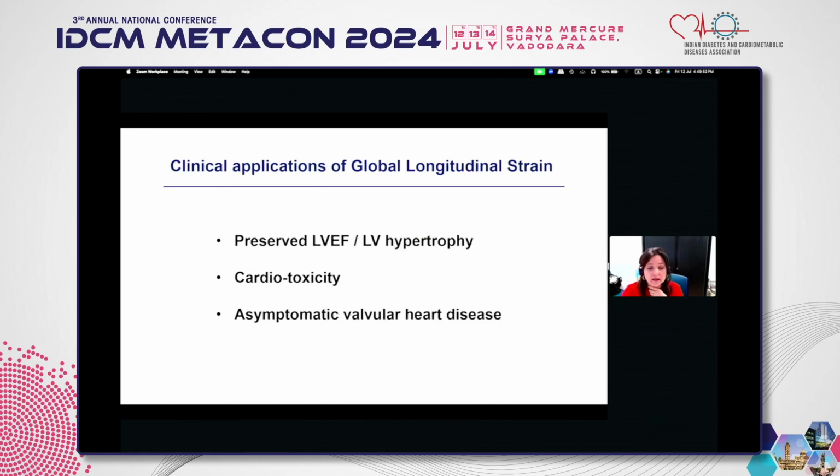And finally, another possible application could be in valvular heart disease. You have listened previously to cases with aortic stenosis. In this patient, of course, when symptoms occur, we have indication for surgery. But when there are no symptoms, sometimes there is already a certain myocardial dysfunction that might become irreversible if you don't act in time.